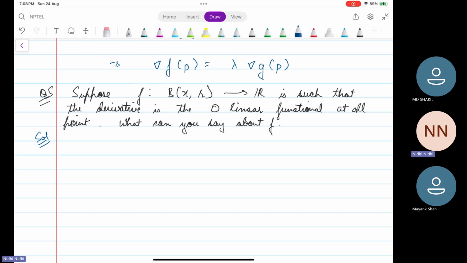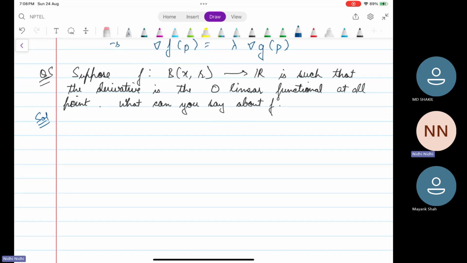For that, we will be using the mean value theorem with polygonal lines. We can connect any two points by polygonal lines and then you can prove it. So we'll start with a straight line only. Yes, because it is a ball.